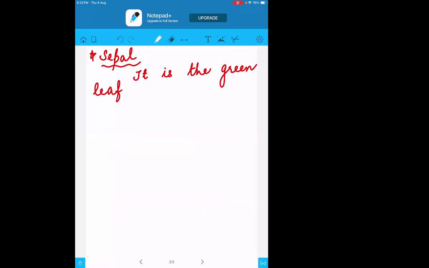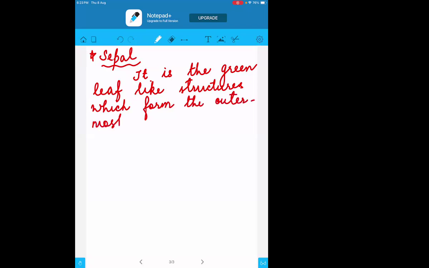So, it is a green leaf-like structure which forms the outermost layer of a flower.